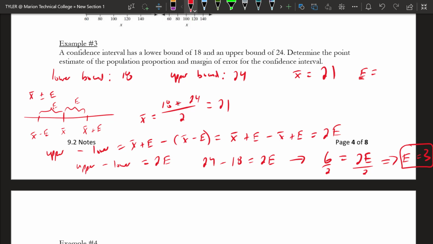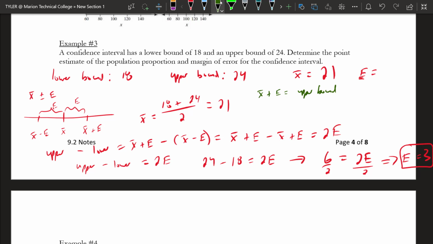I mean, there's at least two other ways to do it. Another way is you could look at x bar plus e is going to equal your upper bound, and then you could plug in x bar, plug in the upper bound, and solve for e. That's the way I like to remember it.